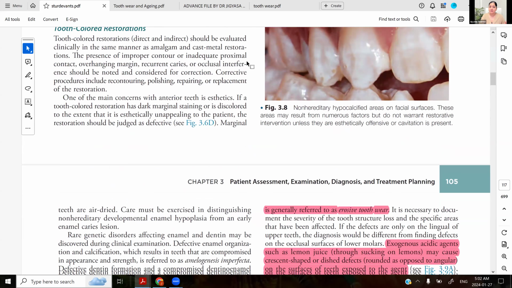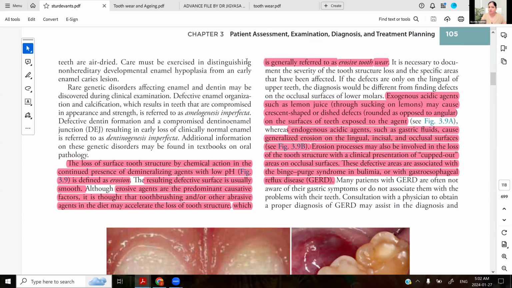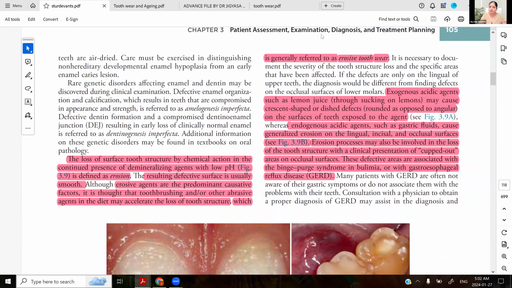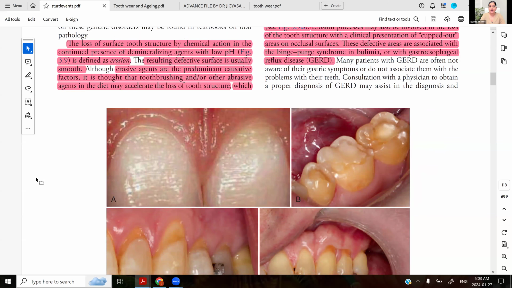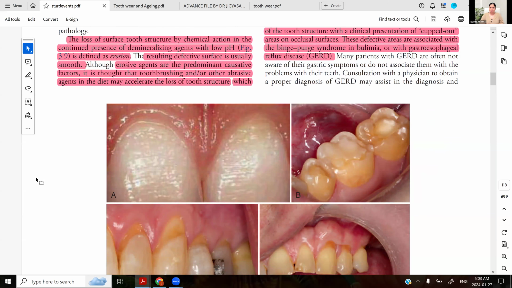Addressing the cause, because that's when your preventive stage begins. And once you've addressed the cause, it will help you decide the treatment plan for the remaining dentition. So let's start with knowing the causes and the types of wear, how to clinically identify them, and then decide on your treatment plan and address the etiological causes as well.